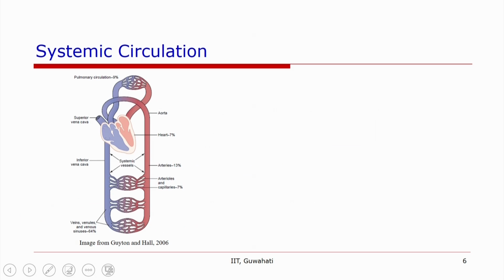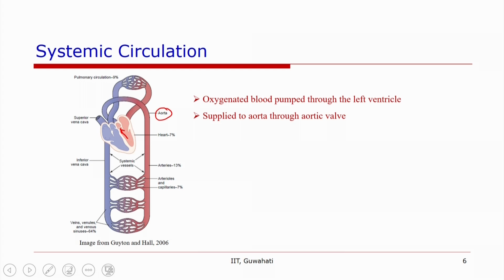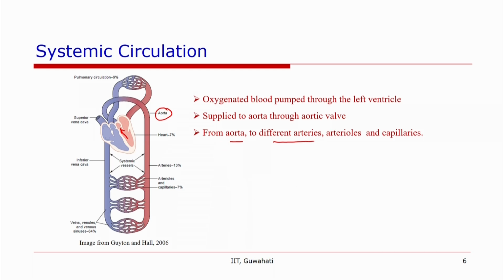Okay. So, at the start of a cardiac cycle, the oxygenated blood is pumped through the left ventricle, it is supplied to aorta, and from aorta the blood is supplied to further smaller arteries, and the arteries bifurcate into further smaller arteries, and then it goes to different organs.